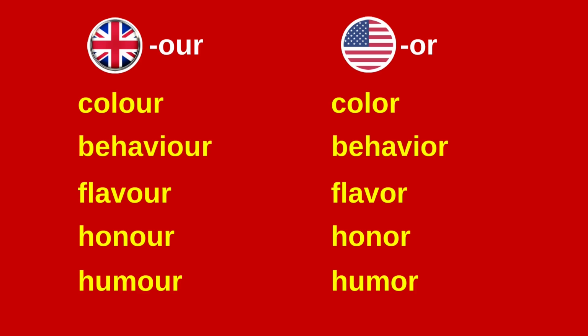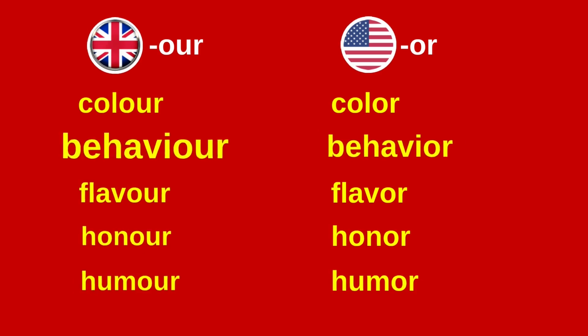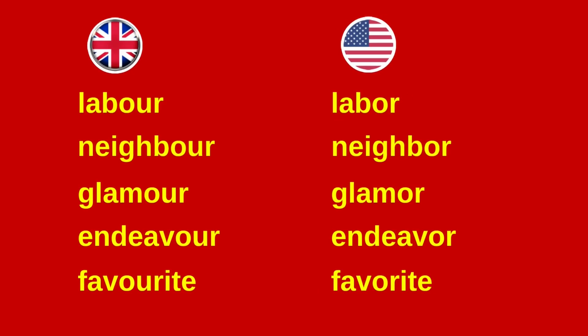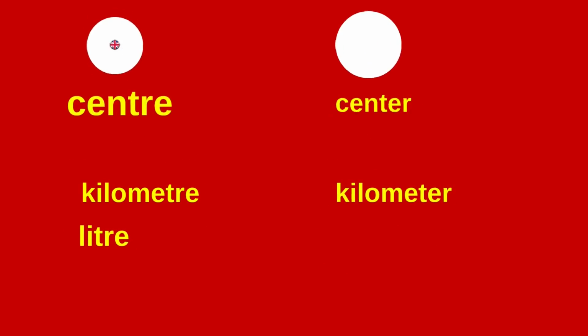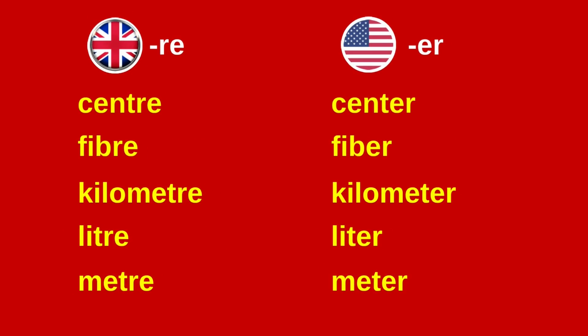Let us read the words. Color, behavior, flavor, honor, humor, labor, neighbor, glamour, endeavor, favorite. In the next set, you find RE in British English and ER in American English.